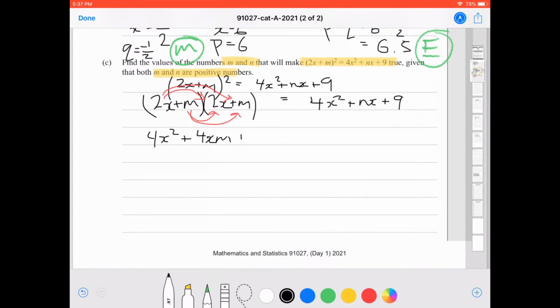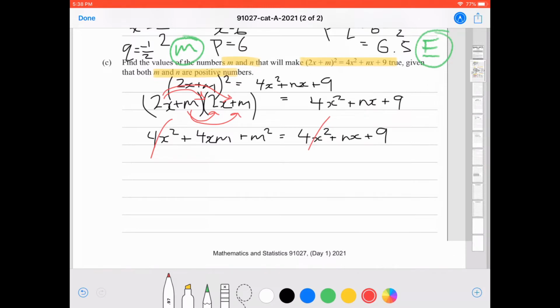And m times m is obviously m squared. And that equals 4x squared plus nx plus 9. At this point we can see the 4x squareds cancel, and we're left with 4xm plus m squared equals nx plus 9.